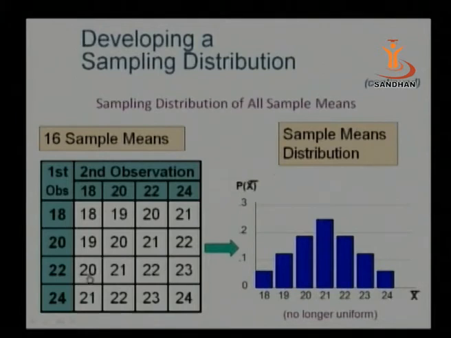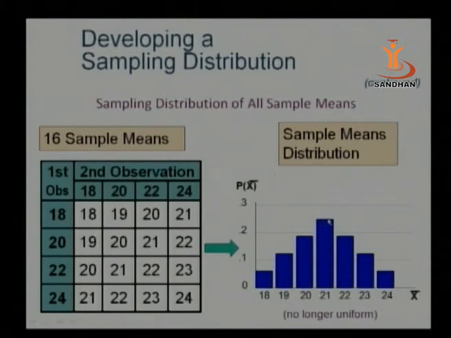For observations 20 and 22, you can see they are repeating 3 times in 16 observations, so the respective probability will be 3 upon 16 for each, and the remaining one is 21. Observation 21 is repeating 4 times among these 16 observations, so the probability will be 4 upon 16, which is nothing but 1 upon 4, again 0.25.